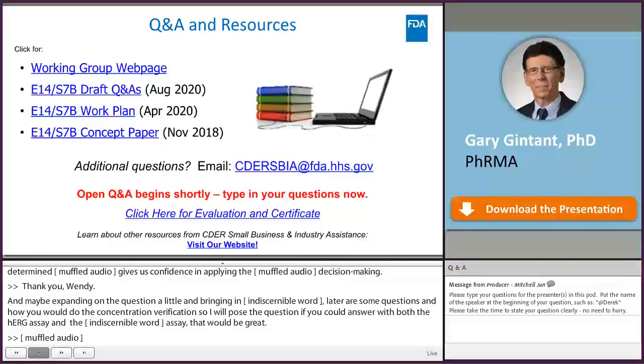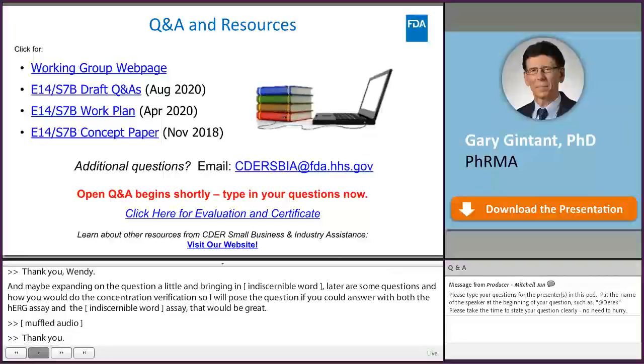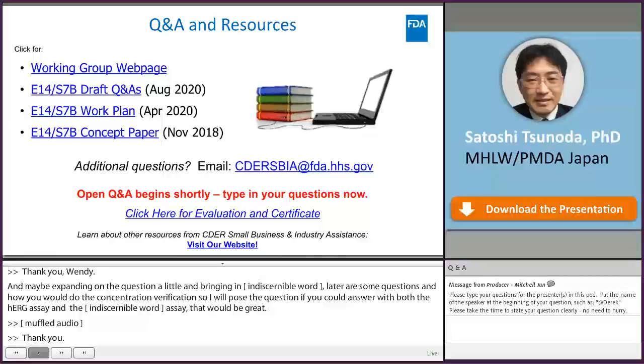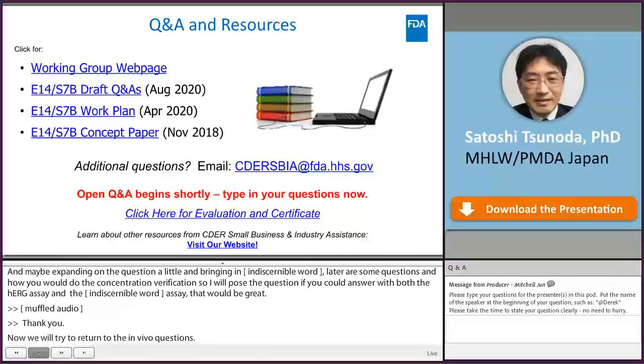Thanks, Gary. Now we'll try and return to the in vivo questions. So, Dr. Satoshi, there was a question for you earlier, which was, what kind of in vivo study is recommended when the non-clinical in vivo QT assay should be powered to detect an effect similar to a dedicated QT study in humans?